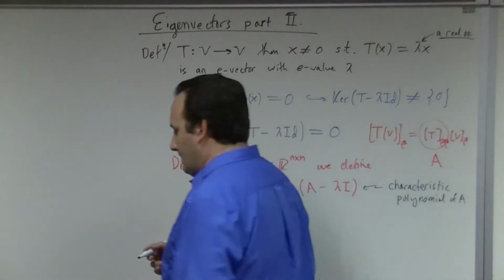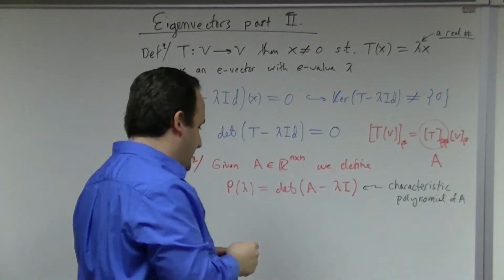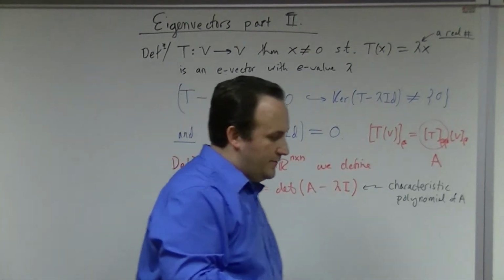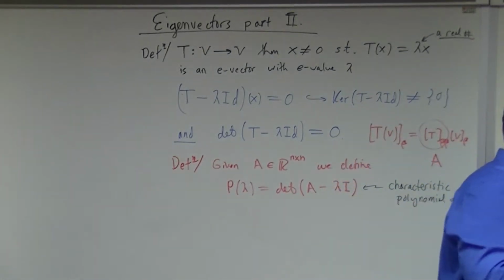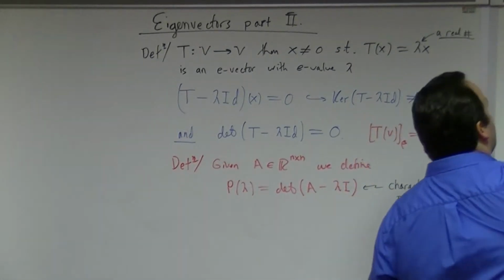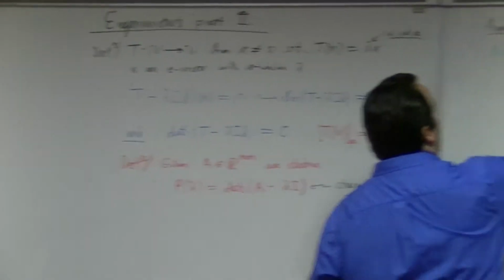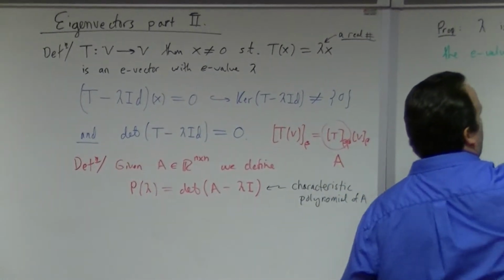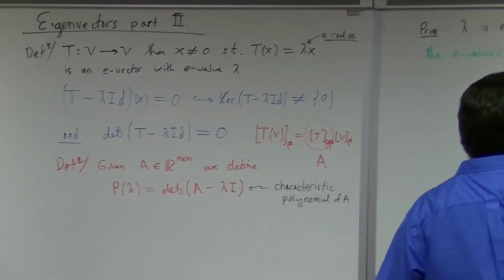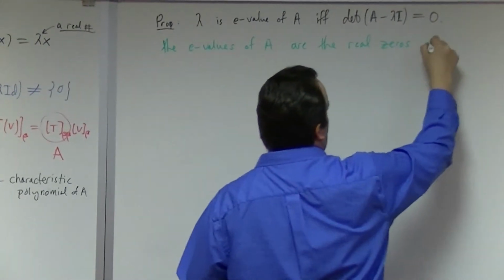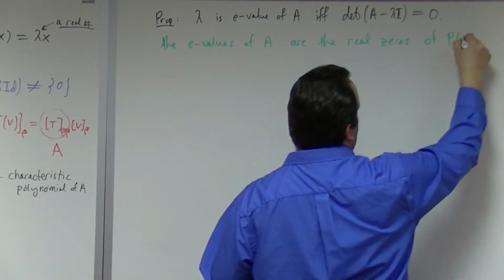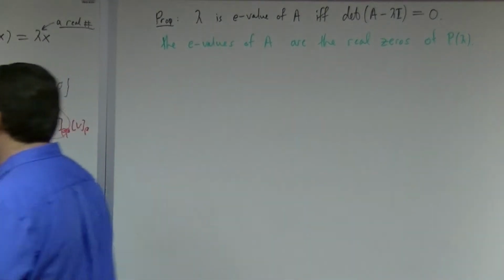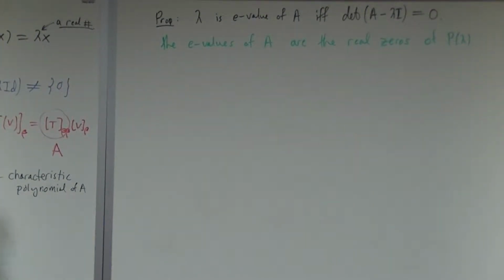In other words, if I wanted to recast that in a simple sentence, I would tell you this: the eigenvalues are precisely the real roots of the characteristic polynomial. The eigenvalues of A are the real zeros of p of lambda, which we defined back over here.